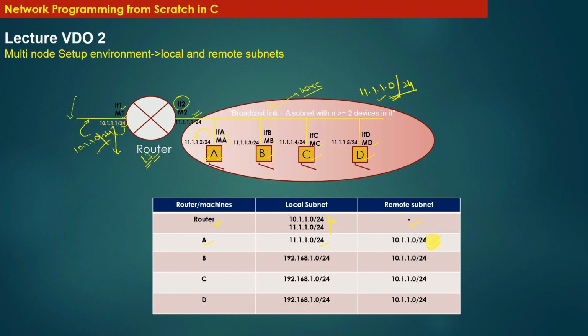That is, go to the previous slide and see the definition of local subnet and remote subnet that I explained. So you should be able to understand the local and remote subnets for each of machine B, C and D also. So I hope by now you understood the concept of local and remote subnets fairly well.